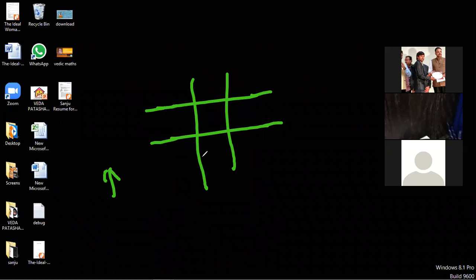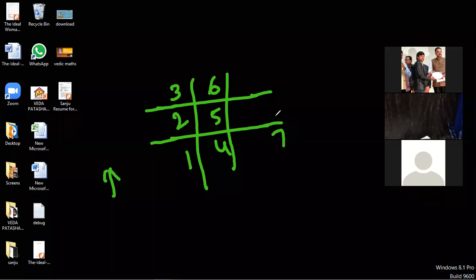One, two, three, four, five, seven, eight, nine, ten. See, 1 to 9 is completed. So we are doing the three table.